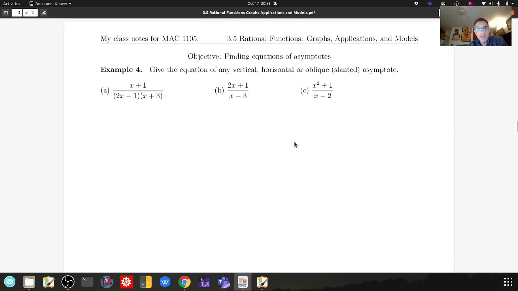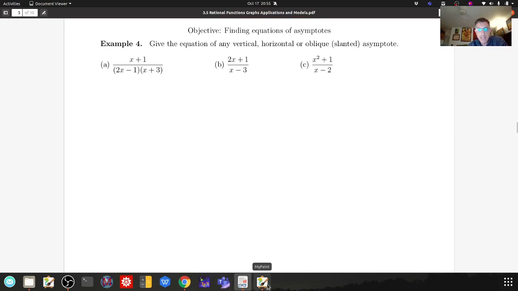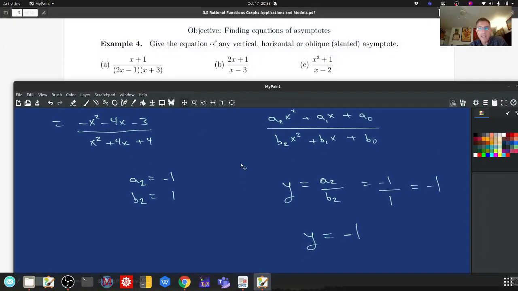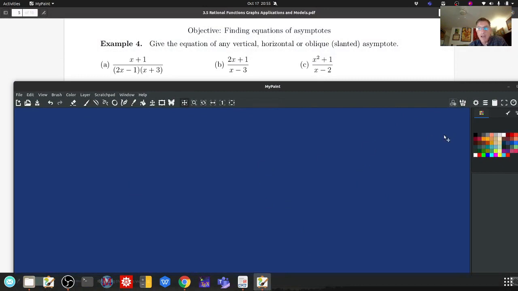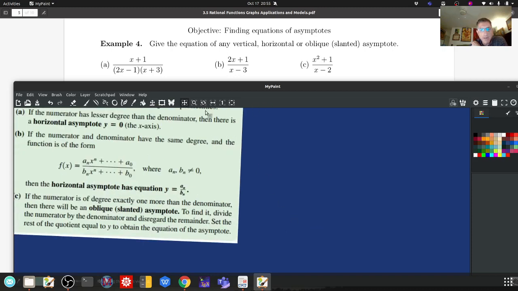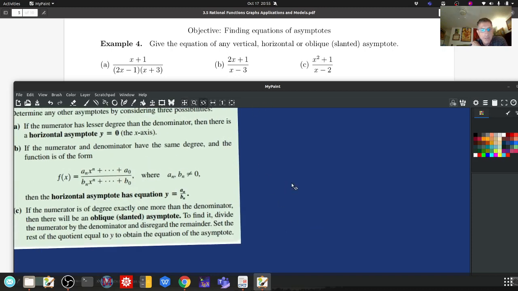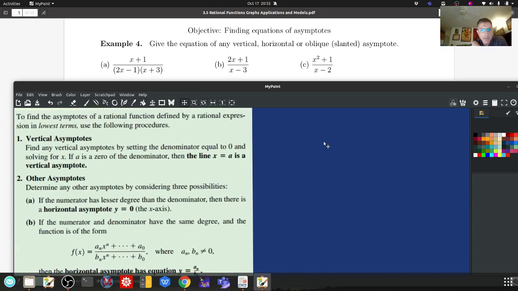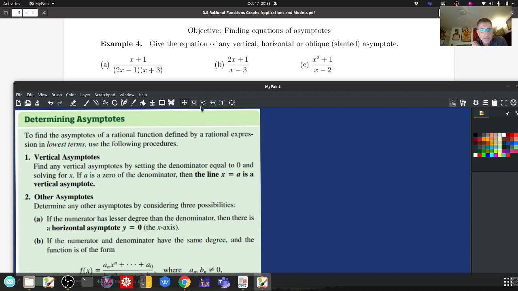So here we have 3 graphs. And let's go ahead and use everything we can to find out about the asymptotes.